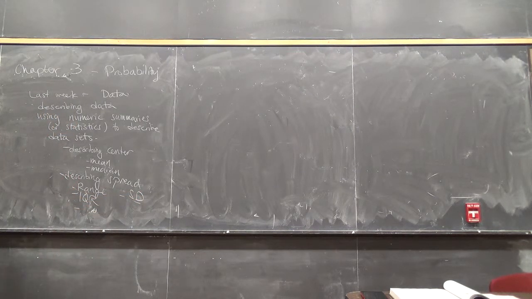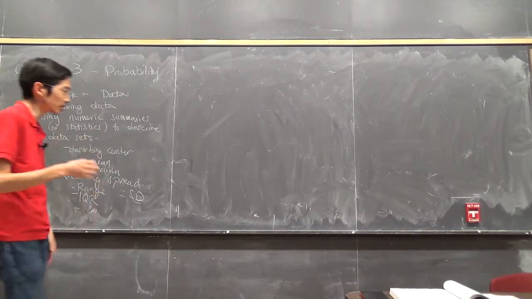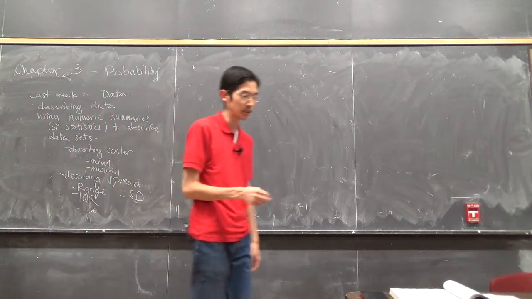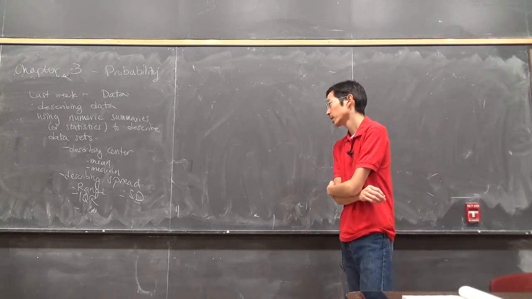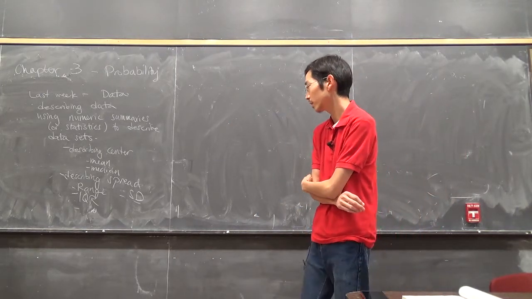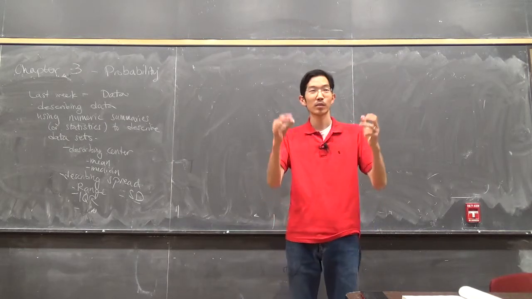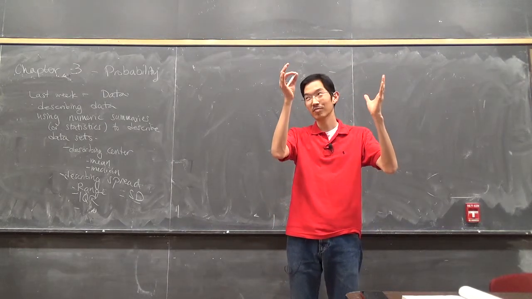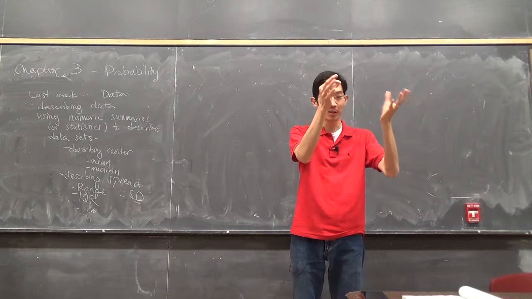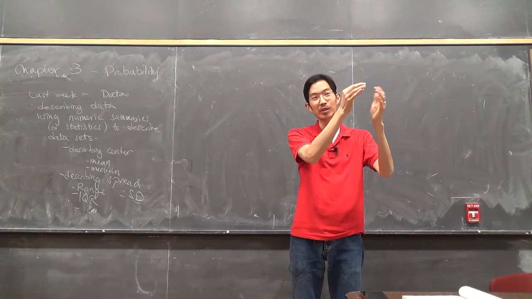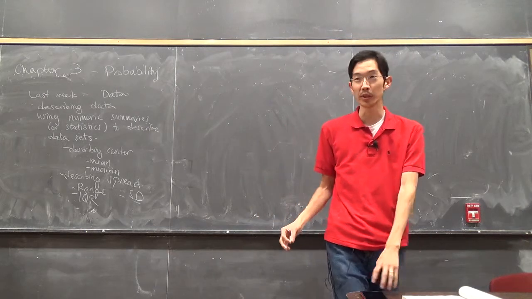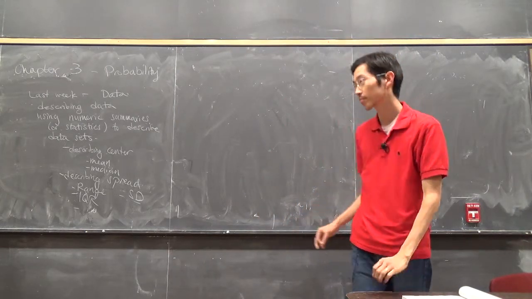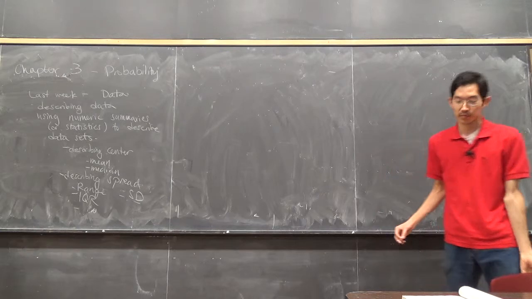So the center gives us an idea of where our data is located, or how large typical values are. And the spread gives us an idea of whether the numbers in our data set are similar to one another, or if they vary wildly from one data point to another. Okay.